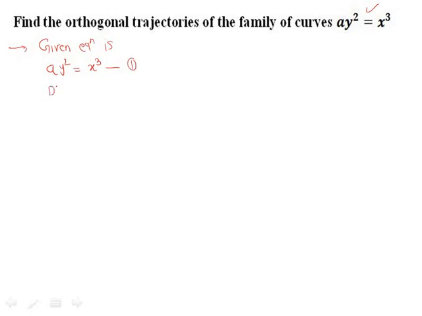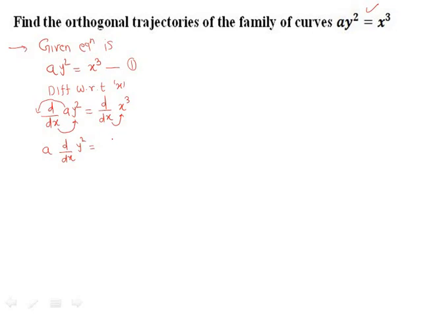Then we will differentiate this equation with respect to x to get dy by dx. I am differentiating both sides with respect to x. On the left hand side, this a is a constant, so we keep it aside, and then we take the derivative of y square.